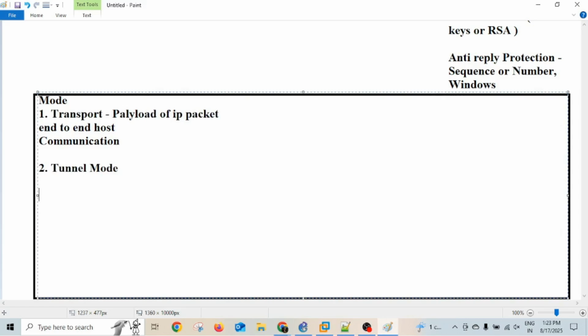Tunnel mode protects the entire IP packet, payload and header also, and adds a new IP header.